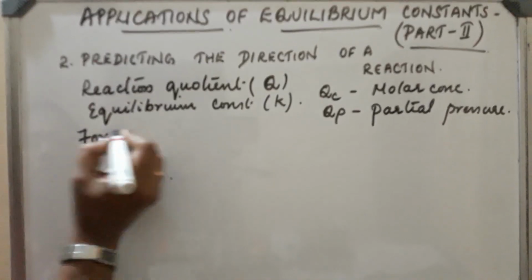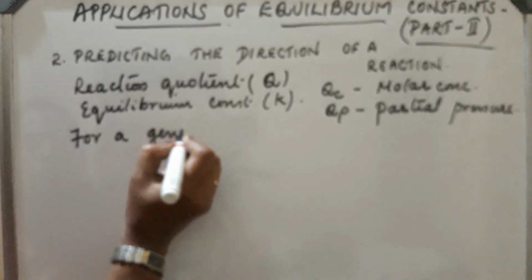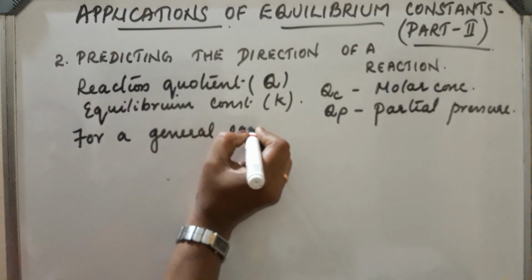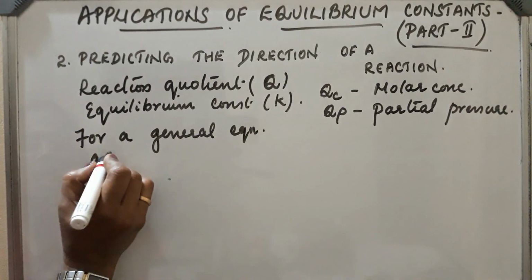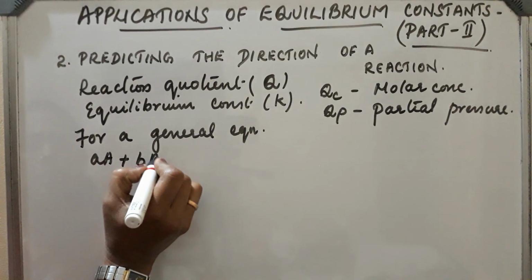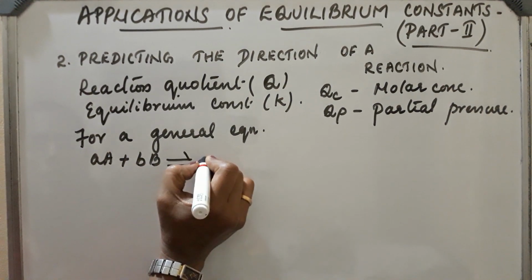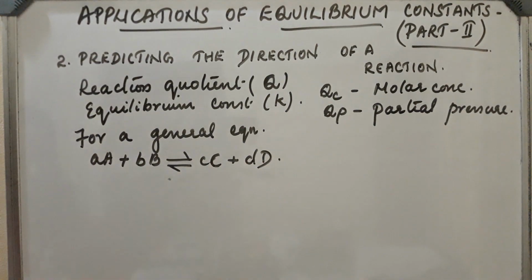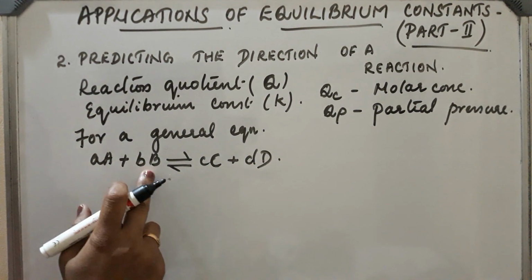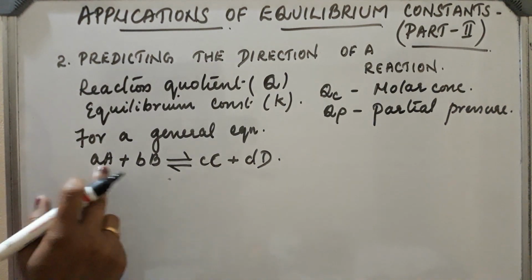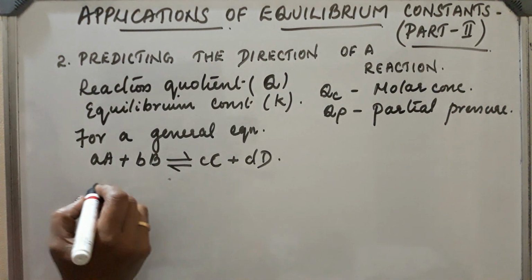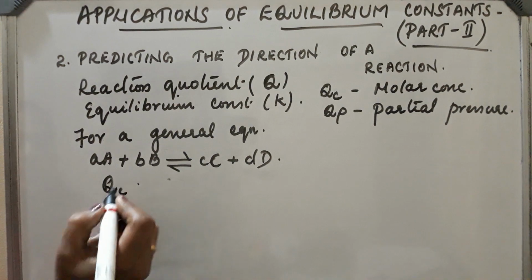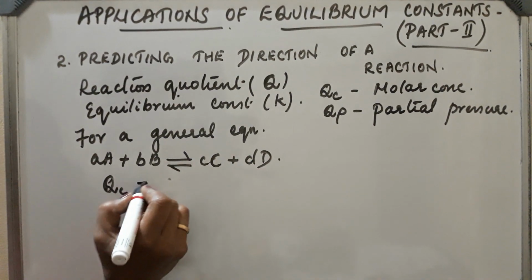For a general equation, consider aA plus bB gives cC plus dD. This is a reversible reaction, with reactants and products. First we calculate Q with respect to molar concentration.